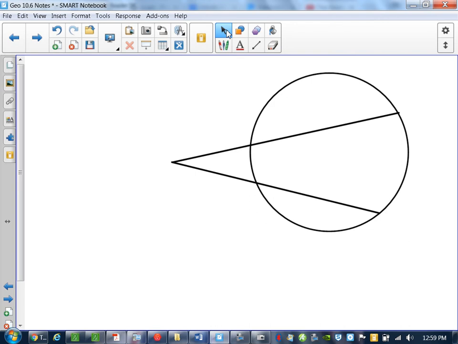So when you have what's called 2 secants, the 2 that go through, do you guys agree that you start out with 2 segments? Those 2 segments are the whole segments. Are you okay with that? I just call those both wholes. The whole segment is made up of 2 parts, correct? There's an outside segment and an inside segment.